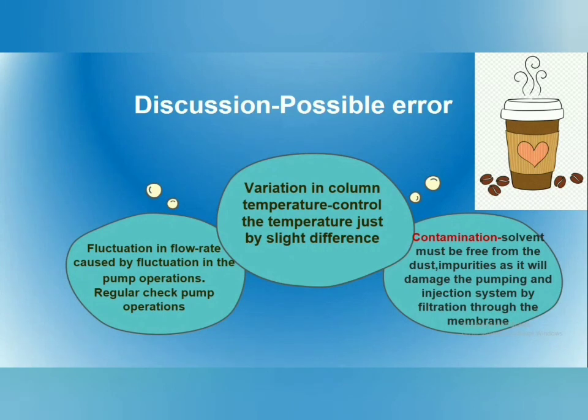The temperature must be controlled to only a slight difference, so the variation in the column temperature can be reduced. And lastly, contamination might occur. So the solvent must be free from dust and impurities, as they will damage the pumping and injection system, by filtration through the membrane.